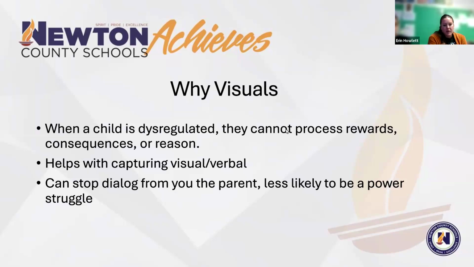And this can also help avoid power struggles with parents because we are not using so many words that can confuse the students and maybe even confuse ourselves because we are not getting what we want from the child being escalated.